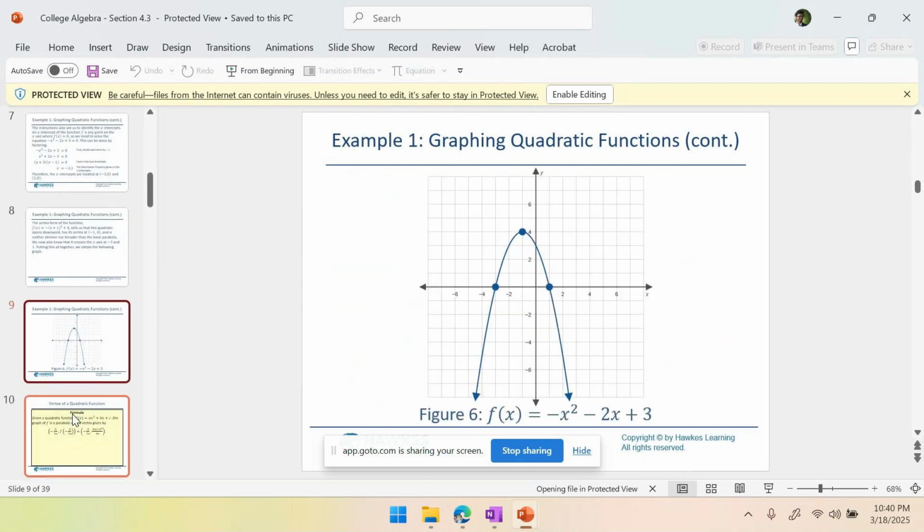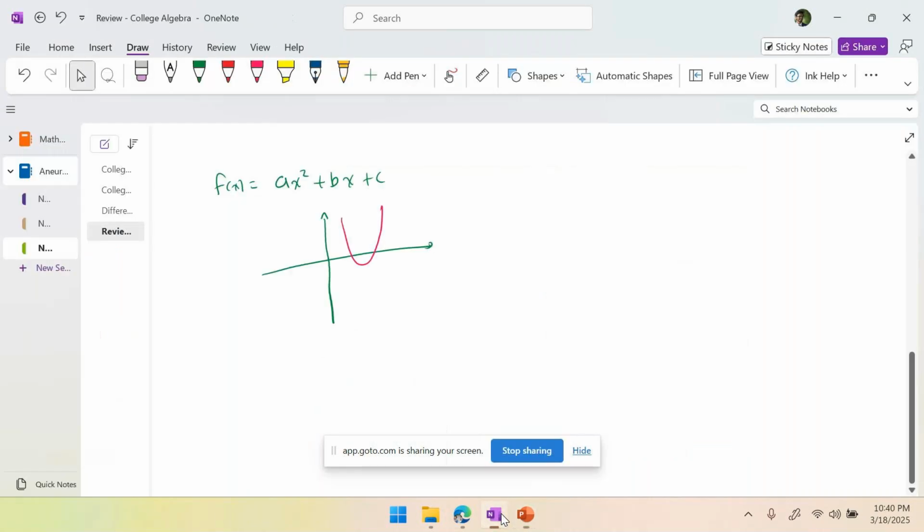Or in other words, if they have given us the formula, we should be able to extract the vertex. There are a couple of ways to do that.